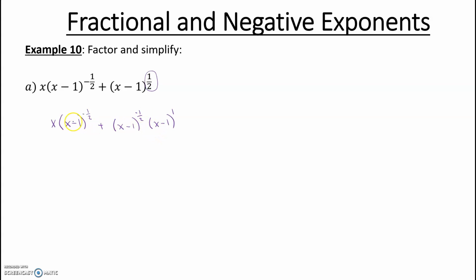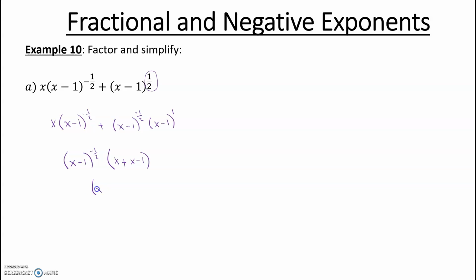And what I just created was, notice now my GCF, right? These are both divisible by x minus 1 to the negative 1/2. So I'm going to go ahead and factor that out. And when I factor it out, what am I left with? When I factor this out, I'm left with x plus. And when I factor this out, I'm left with x minus 1.